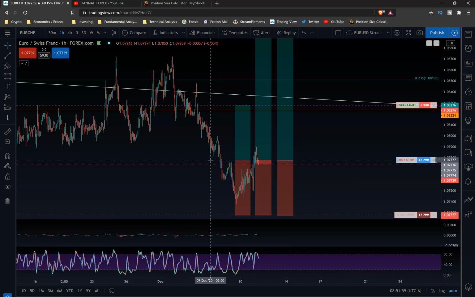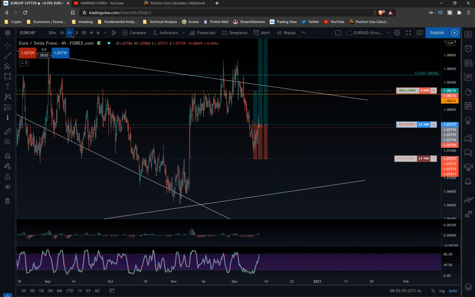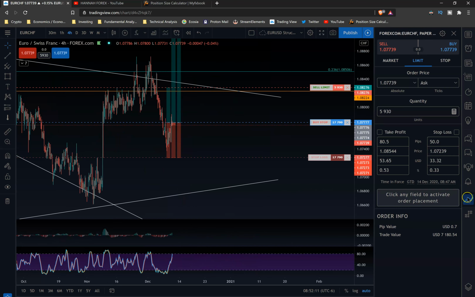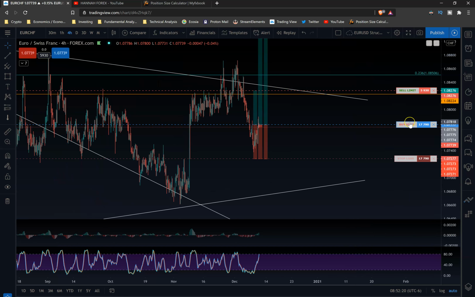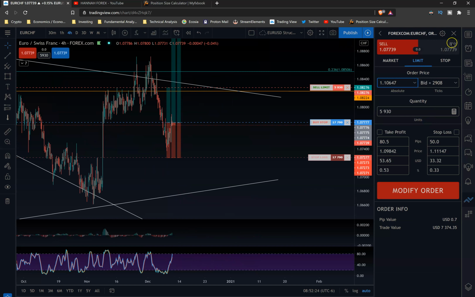When the market opens later in the day, I imagine I'll be triggered into this price because of the spread. I'm risking 1%, so I'm risking $100. Each pip is, let's see here, 70 cents.